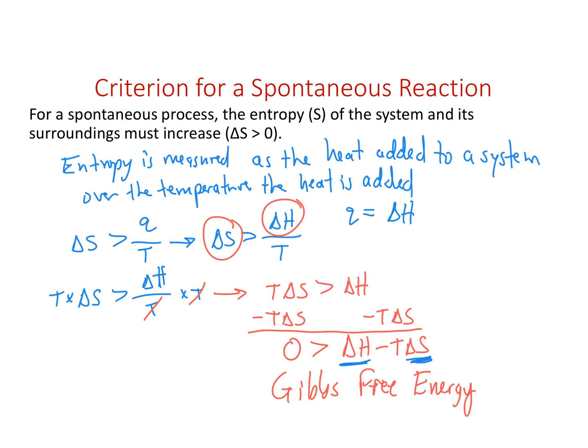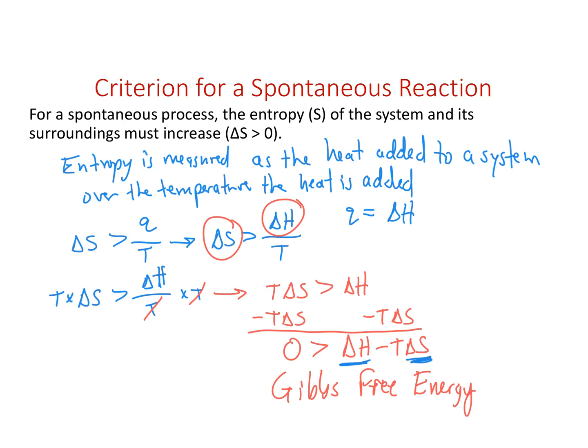Locally, we may have a decrease in entropy, a negative delta S. But if that reaction gives off enough heat, if we have a large enough delta H, we're going to warm up the universe enough to result in an increase in entropy, and that reaction will be spontaneous.